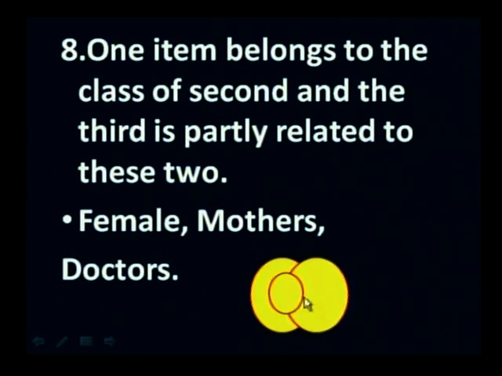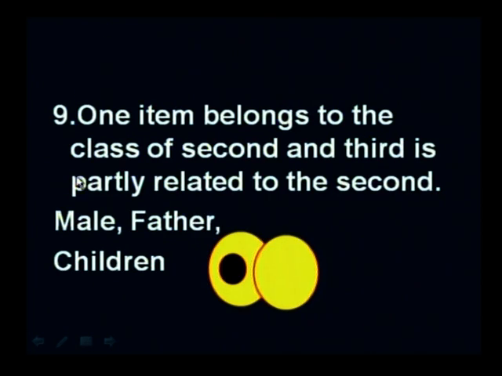Females, these are all mothers, completely contained in the set of females, and then these two have some intersection with doctors, that is, you can have female doctors, and you can have mothers who are doctors. So, this is how your Venn diagram looks when one item belongs to the class of a second and the third is partly related to these two.